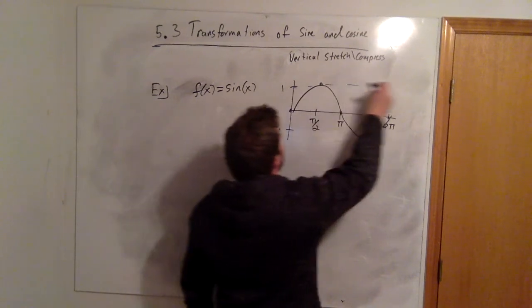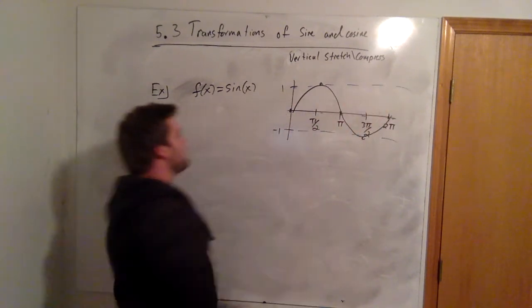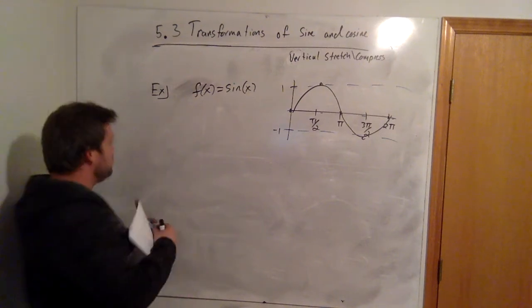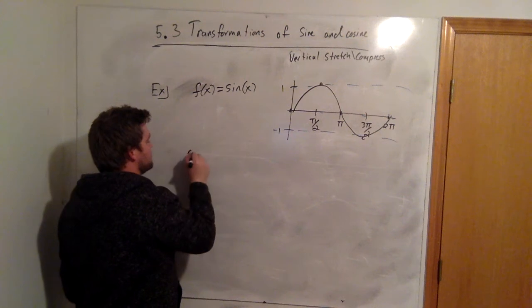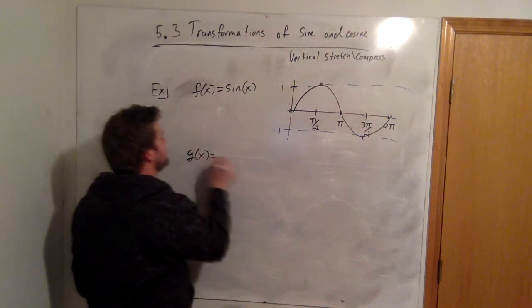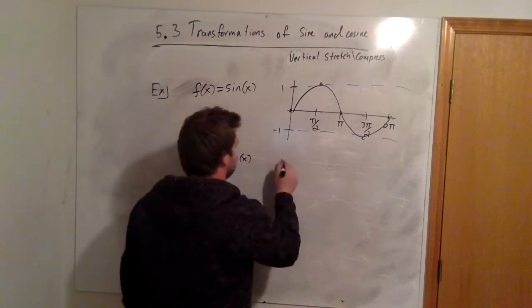Here's our sine graph. We've got our equilibrium and the upper and lower parts of our amplitude. Okay, so instead of graphing sine of x, what if we had, let's say, 2 times sine of x? So how is this going to affect the graph?